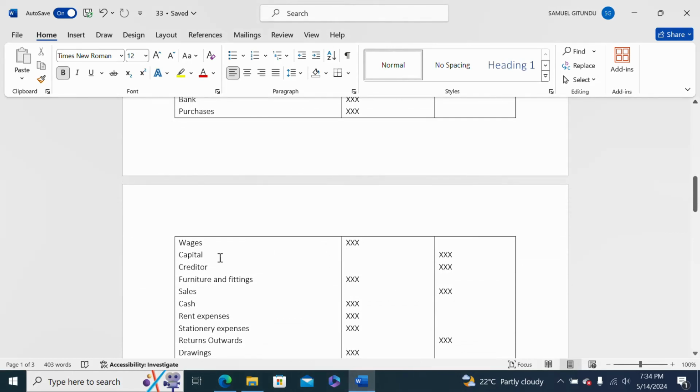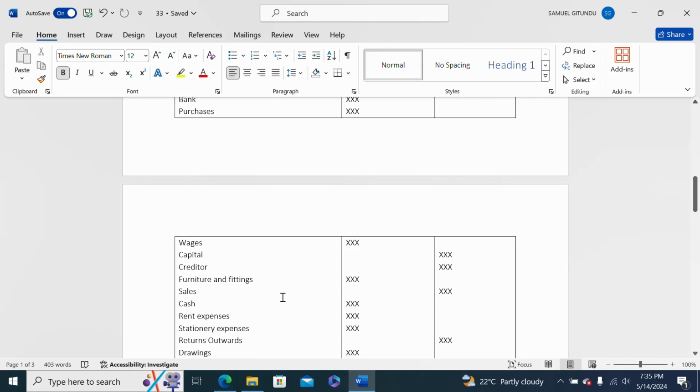You have capital recorded on the credit side. This is the money which is introduced by the proprietor in the business. Then you have creditors, they're recorded on the credit side. Furniture and fittings, this is an asset. It is recorded on the debit side. Then you have sales related to revenue, so sales are recorded on the credit side.